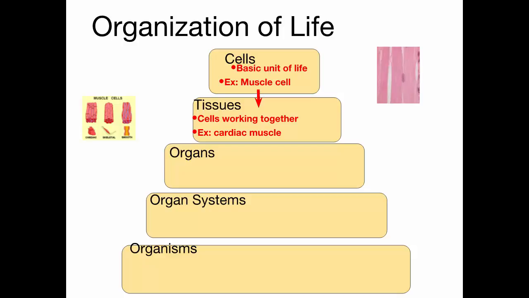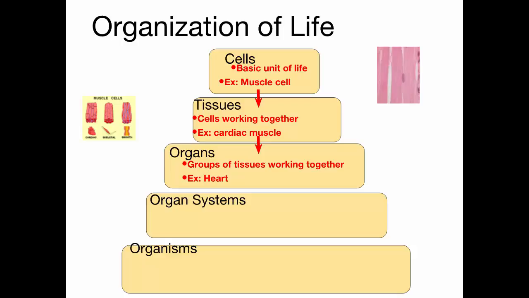So I'm using humans as an example. Humans, more complex animals, have all of these levels of organization. So a group of tissues work together, and they form what we call an organ. An organ is a bunch of different tissues working together to do some job. For example, your heart.